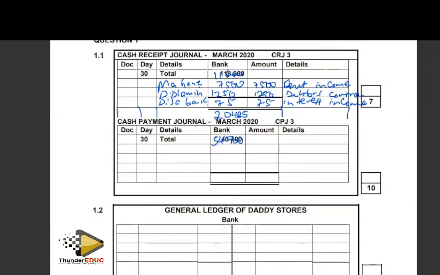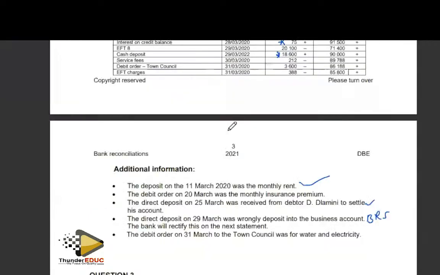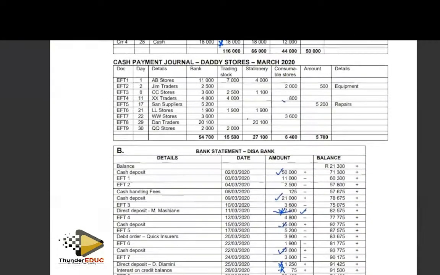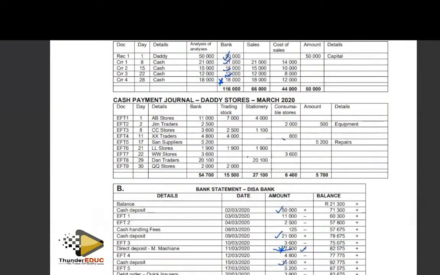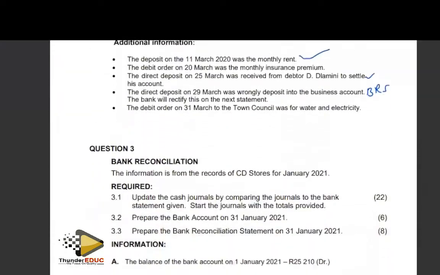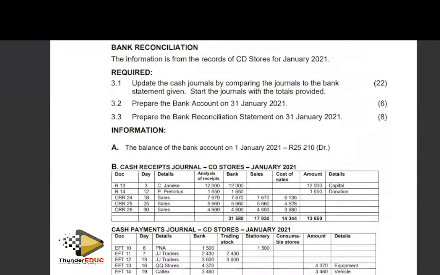Or to be on the safer side, let's also take the items which we found. You have to do it in steps, okay? You have to take the items which you found in your cash receipts journal and never saw on the statement, so that you can record them in the bank reconciliation statement, okay?